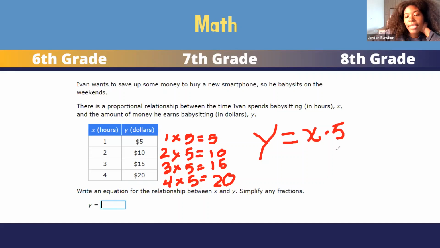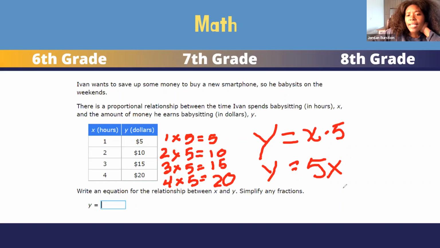So if we want to know what y is, we just have to multiply our x by 5. You can write it like that, or you can write it like this: y equals 5x. Because if that was a 1, it'd be 5. If that was a 2, it'd be 10. So our equation would be y equals 5 times x.